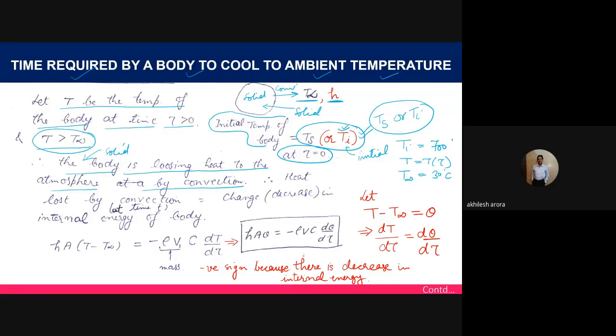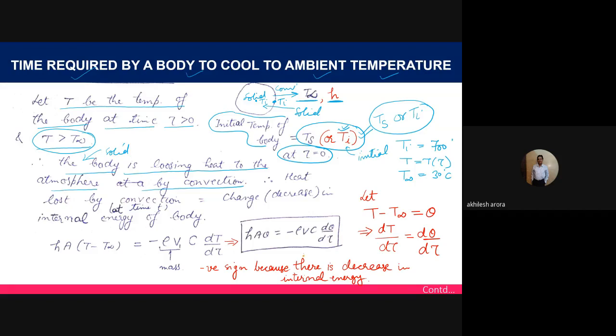Once again, if this is the solid body and this is the center of the solid body, whatever is the temperature here, I am considering the temperature to be the same here. The initial temperature is Ti. Even during the cooling, whatever is the temperature of the surface, the same is the temperature at the center.